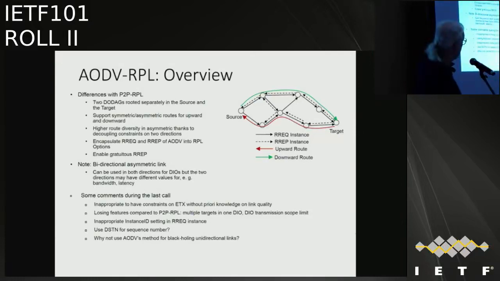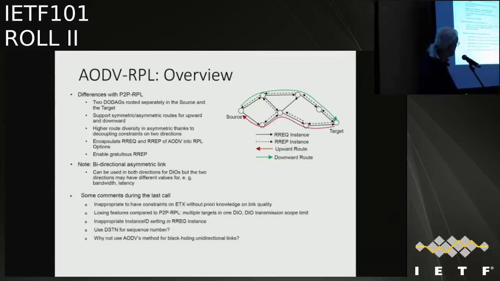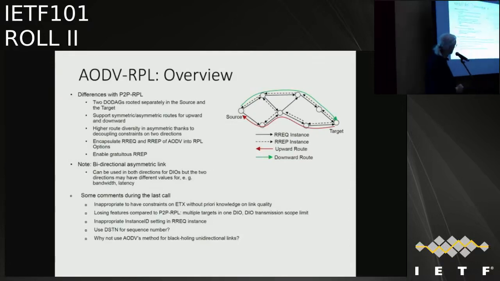Although they can be asymmetric, the original intention was that there be actual connectivity, and the reason for the asymmetry would be that the objective function or metric is evaluated differently in each direction. This seemed to be working pretty well, and we went to last call and had a lot of comments, which I will review shortly.